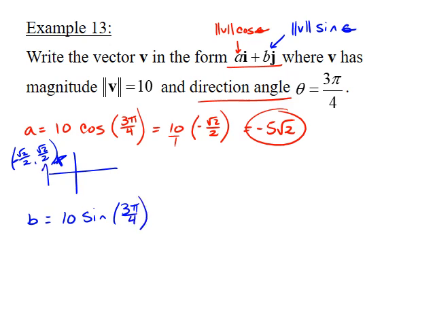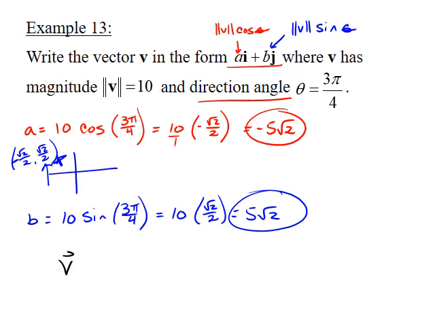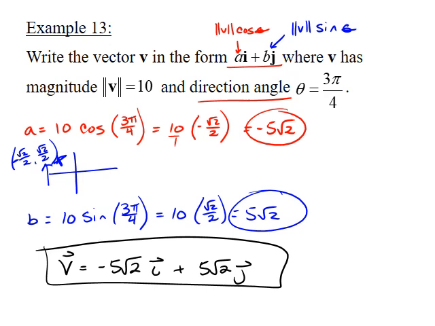We've already found sine of 3 pi over 4, so I'll take 10 times root 2 over 2, which reduces to 5 root 2. And this is B. So if I want to write the vector V in the form of I plus J, it will become negative 5 root 2 I plus 5 root 2 J. That's it.